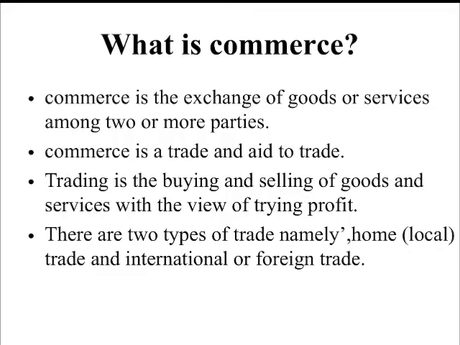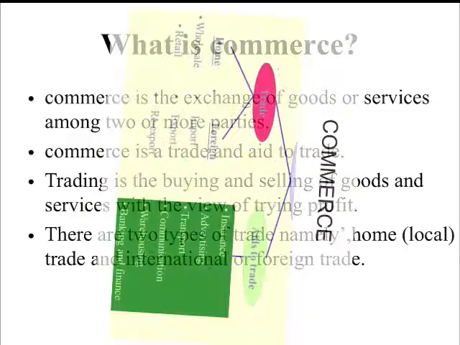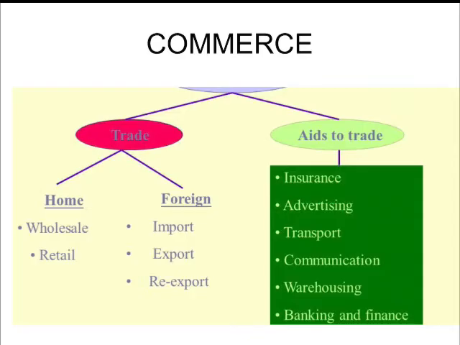This trade has two different types. Namely, the home trade, which is also known as the local trade, and we also have the international trade, which is also known as the foreign trade. So I came up with this just to show you the branches that we'll be looking at today. When we talk of the trade, we'll look at the two different types of trade.